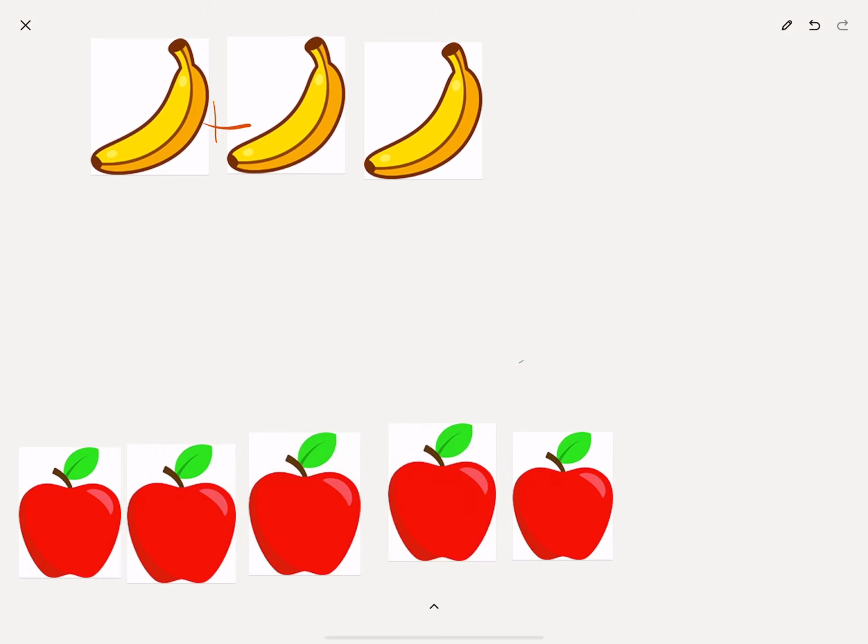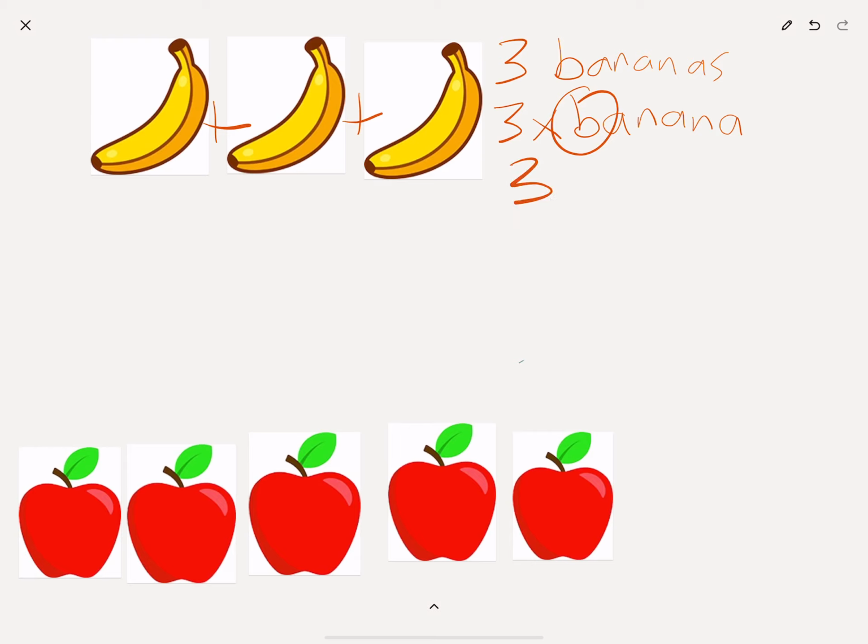So banana plus banana is 3 bananas. Another way to say that is 3 times a banana. And if I just want to use the letter b, or the variable b, to represent bananas, another way I could write this is 3 times b, or simply 3b. This would represent my 3 bananas.